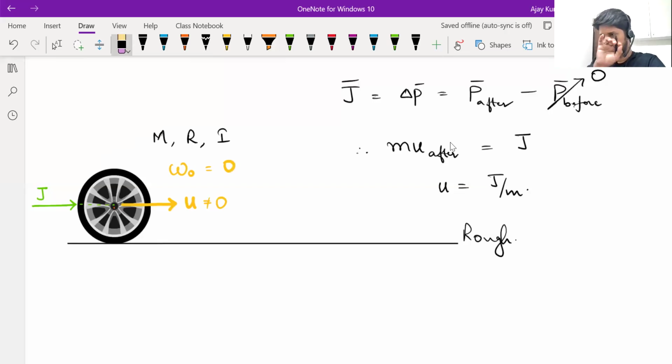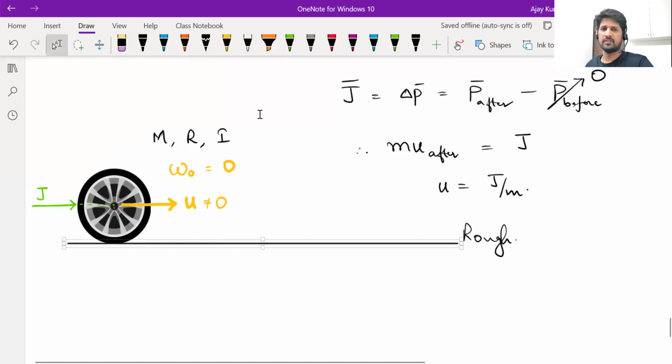So when the impulse is just given, the object is in pure translation, but it's on a rough surface. So you all think and tell me what will happen to this object.